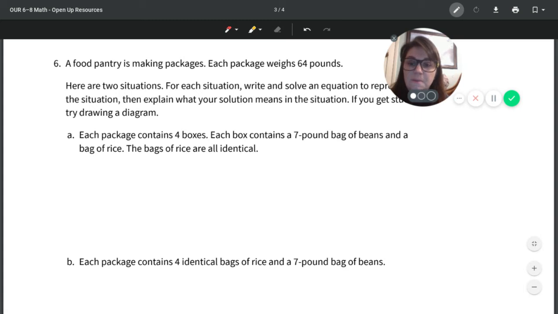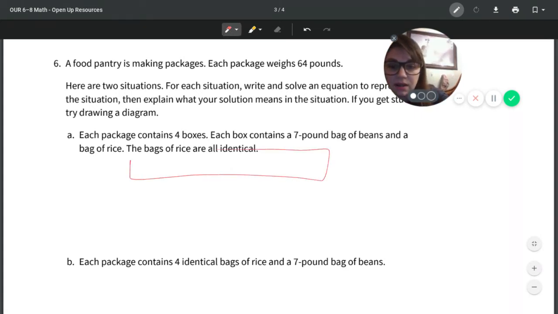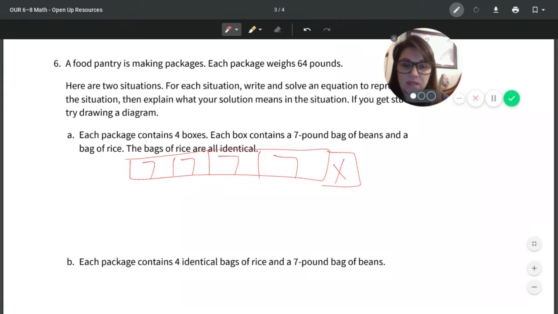So it says each package contains 4 boxes. So let's draw out that diagram. Each package contains 4 boxes. Each contain a 7-pound bag of beans and a bag of rice. And we don't know how much the rice is, so we'll just make it x.